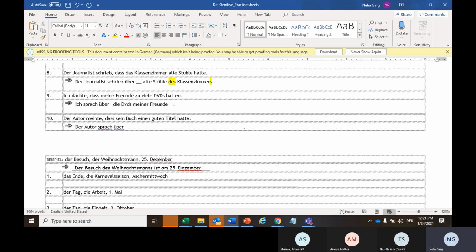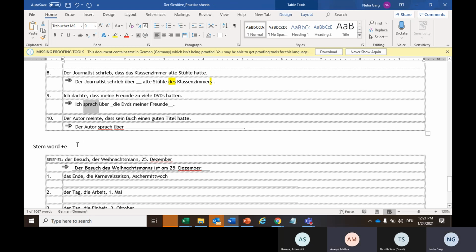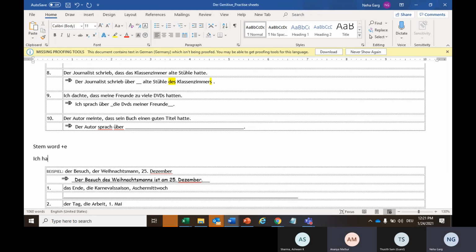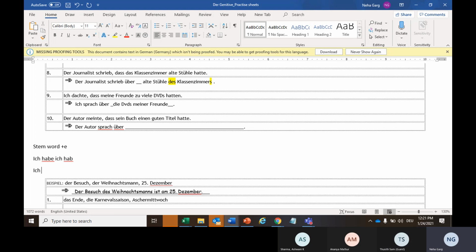Usually when we conjugate any verb, we use the stem plus add an e. But in most cases, in colloquial speech they use the stem only. Like they will say ich hab, or instead of ich gehe, they will say ich geh. So they use the stem only. Okay.